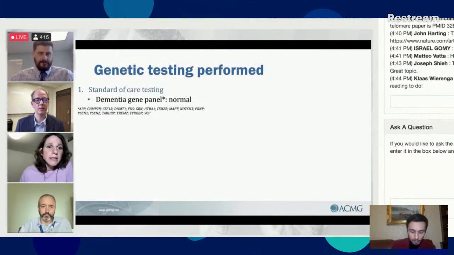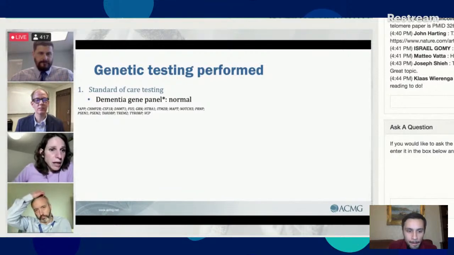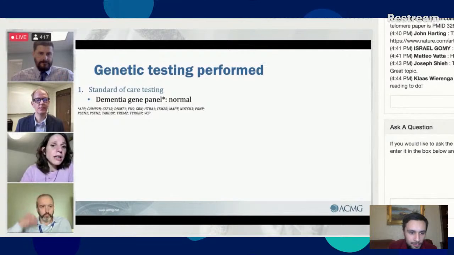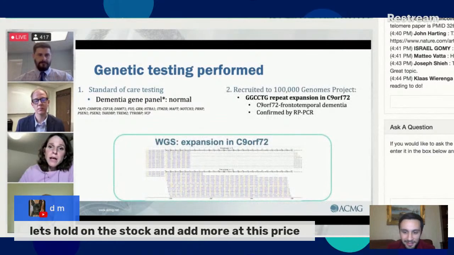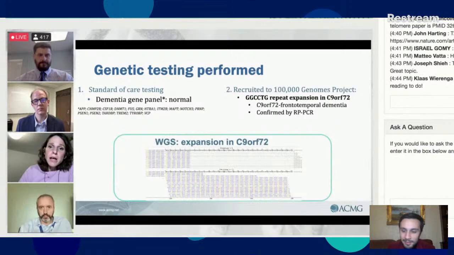Again, here, standard of care genetic testing available in the NHS was performed, and this was the dementia gene panel comprising about 18 genes that are involved in dementia, and this was normal. She was recruited to the 100,000 Genomes project. Again, we analyzed her genome, and an expansion in C9orf72 was detected.